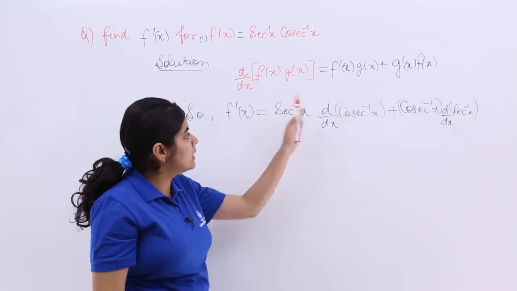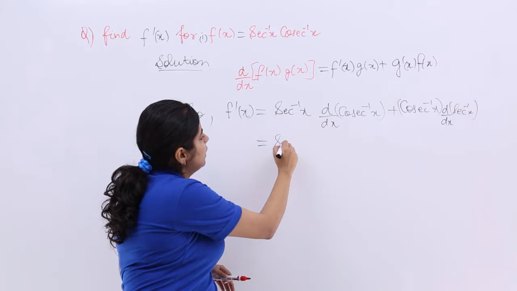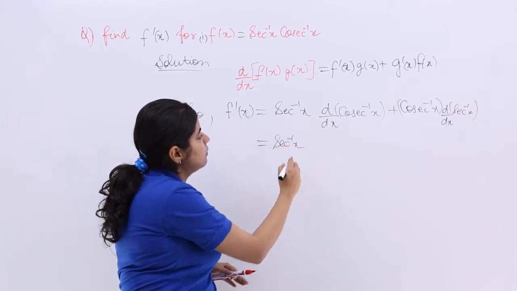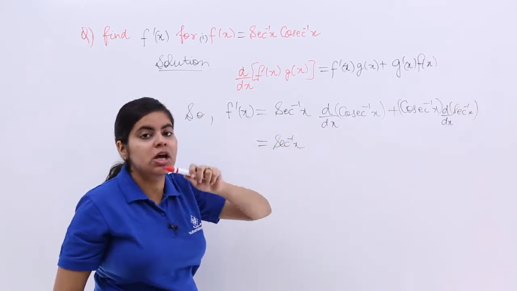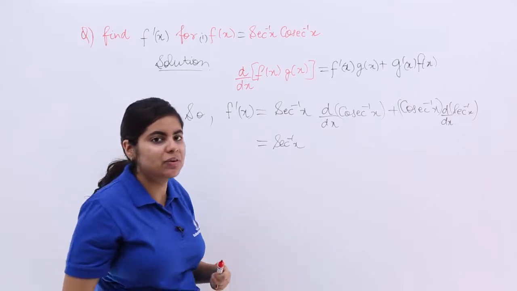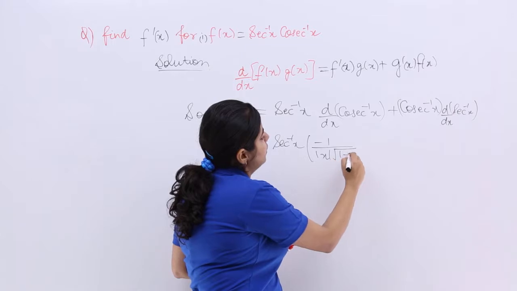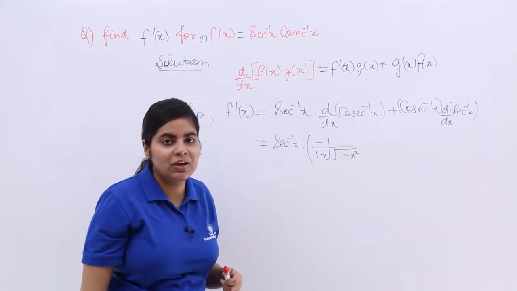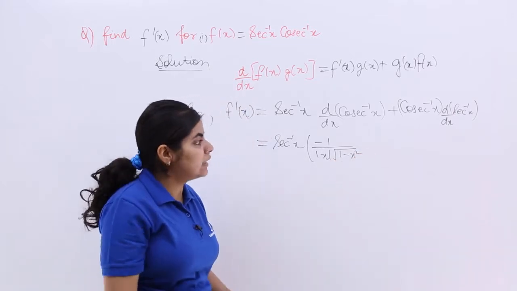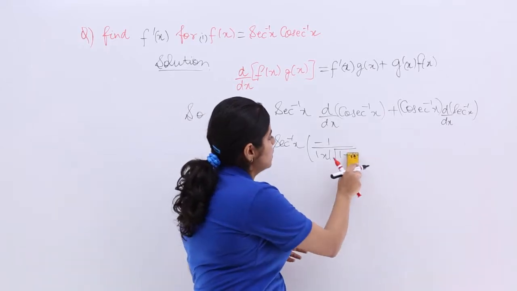Now what is the answer? Let's write it quickly. Secant inverse x as it is, times the differentiation of cosecant inverse x, which is easy if you remember the formulas. It is nothing but minus 1 upon mod x under root x square minus 1. Let me make it correct.